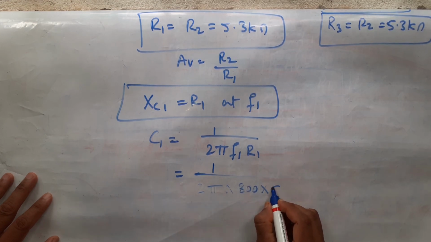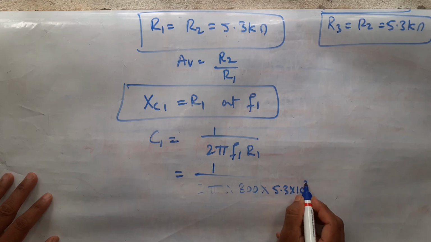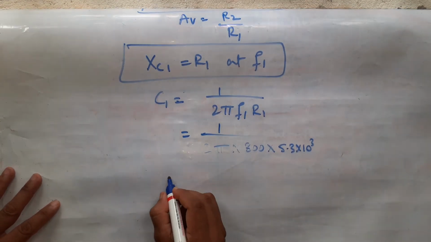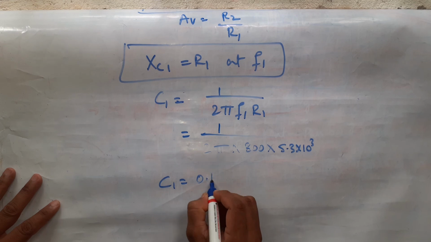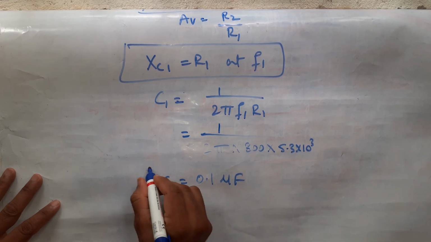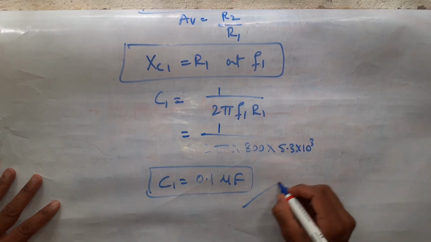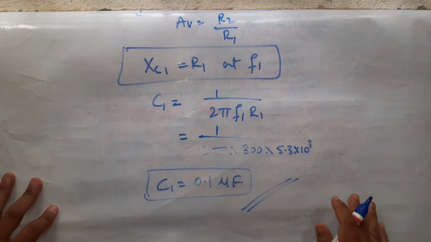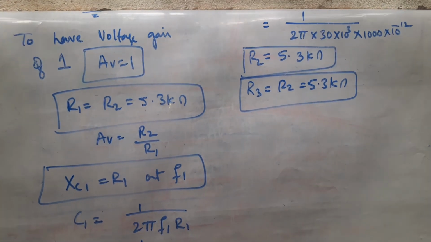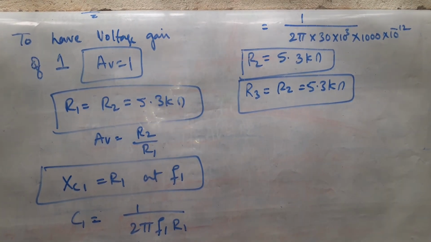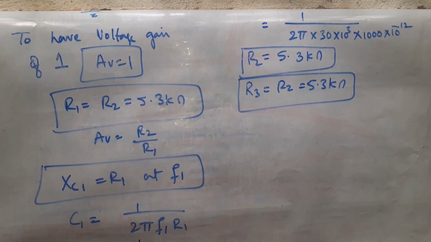R1 is 5.3 kilo. So this will give you C1 equal to 0.1 microfarad. So this is your C1, C2, R1, R2, R3. Okay, so let me stop here. This is your solution.